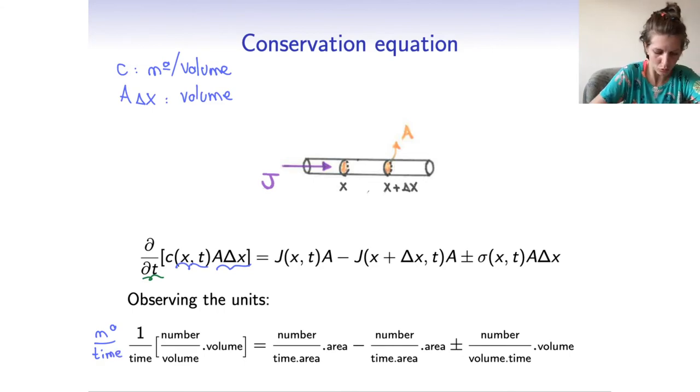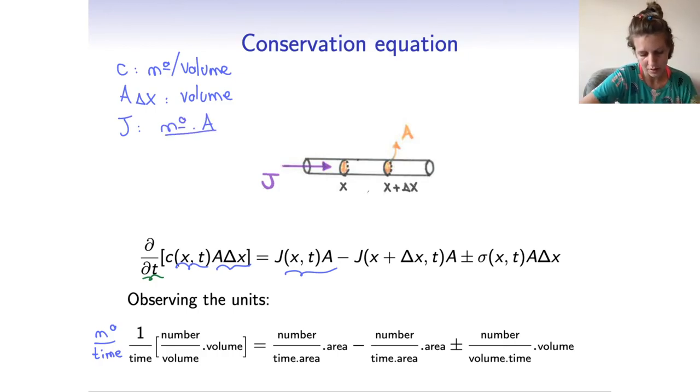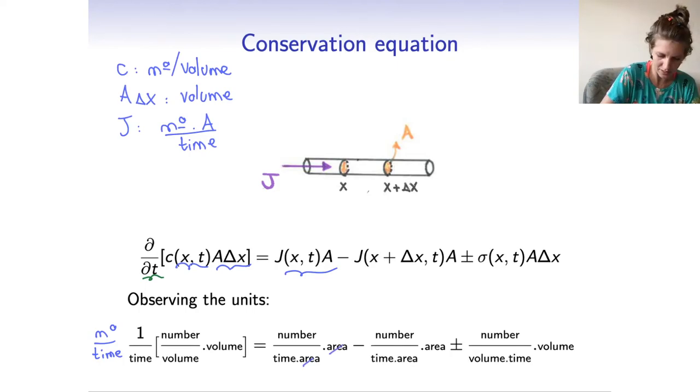So we want to know the change in the number of particles per time. And here we have J times area. Remember that J has the unity of number times area divided per time. So this area cancels with this, and then we have number per time.